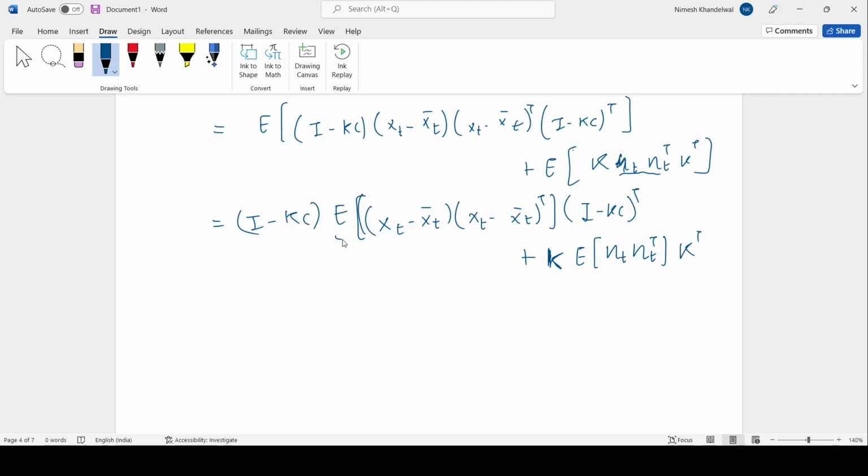So you see this term here. This is nothing but my sigma bar of t that I've already calculated.